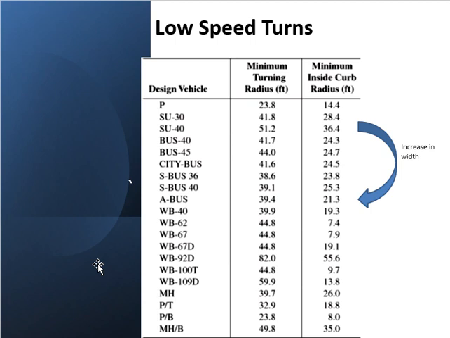This is a sample of the radii available for different types of vehicles, for low speed. So you know the type of vehicle and you have the radius. Each type of vehicle has a standard size. The size is not written here, but in the background there is a size. A passenger car has a standard size which we have been using.